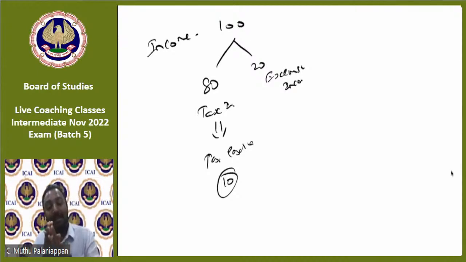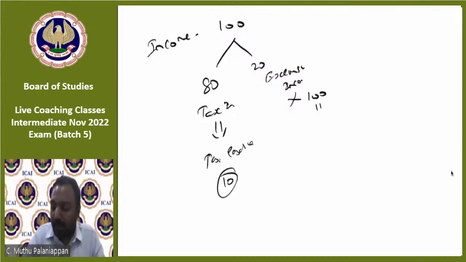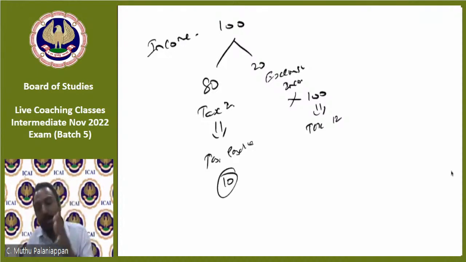Now, income tax says you also calculate income tax without giving this exemption. Without giving this exemption, what will be the income? My income will be 100. So you calculate tax on this. Let's say the tax is 12 rupees. We'll keep it as example 12.